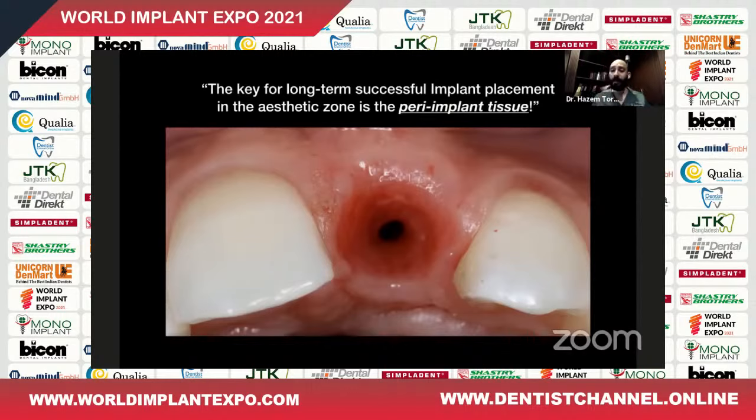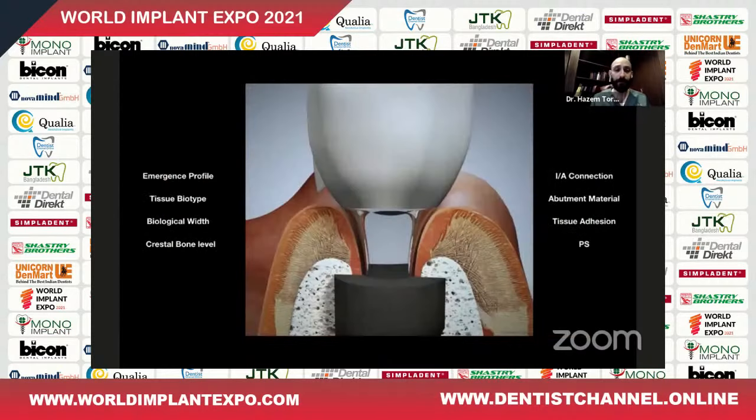Are we providing a suitable environment for this patient? Are we providing healthy tissue conditions and healthy bone conditions for this patient? Tissue contour, bone contour, they all affect our final outcome. We will look briefly at a few points that affect the peri-implant tissue environment.